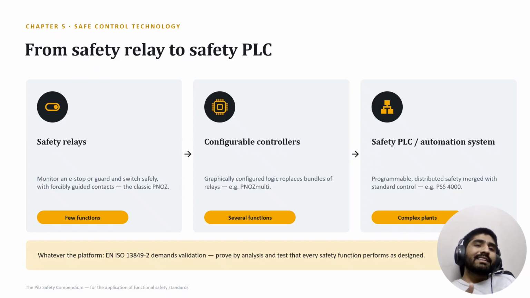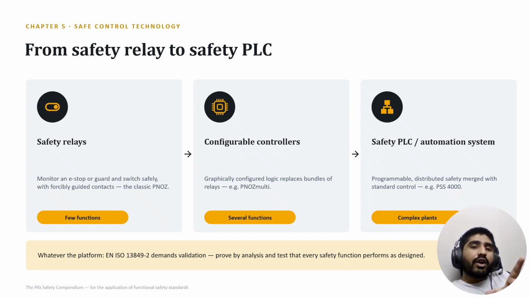How is it all implemented in hardware? The compendium presents an evolution. For simple machines, safety relays like the classic Pilz PNOZ monitor emergency stops and safety switches using forcibly guided contacts. As the number of safety functions grows, configurable small controllers like PNOZmulti replace whole bundles of relays with graphically configured logic.